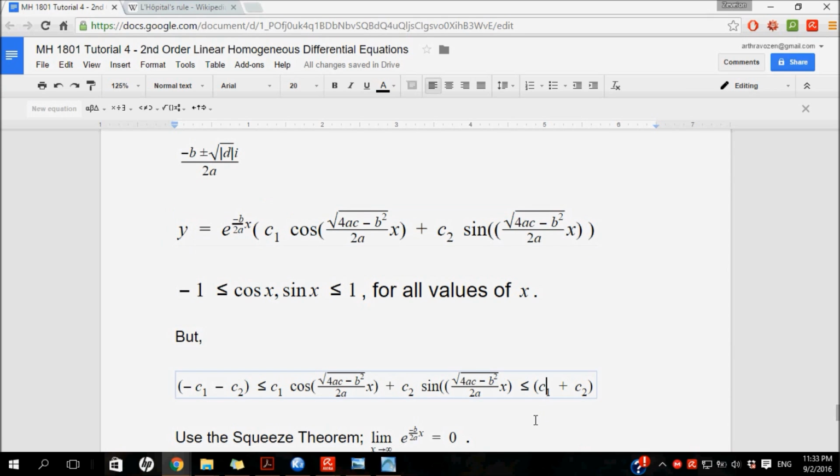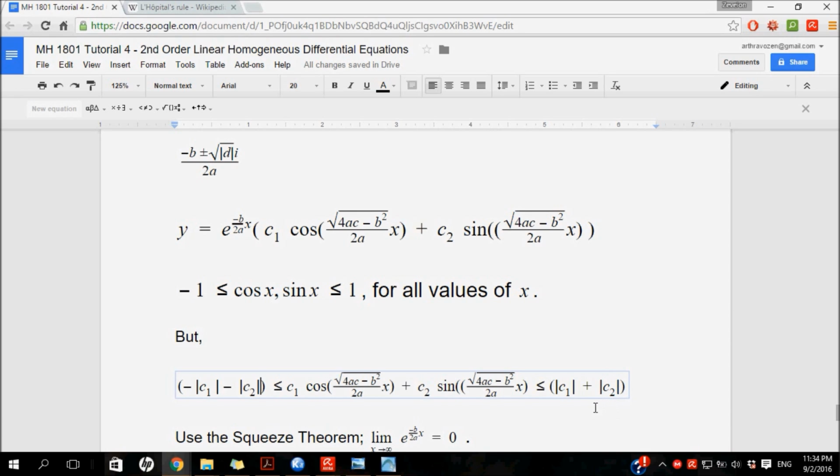But instead of just having C1 and C2, we have to use the absolute values of these numbers. Then we see that this portion is going to be less than or equal to absolute value of C1 plus absolute value of C2.